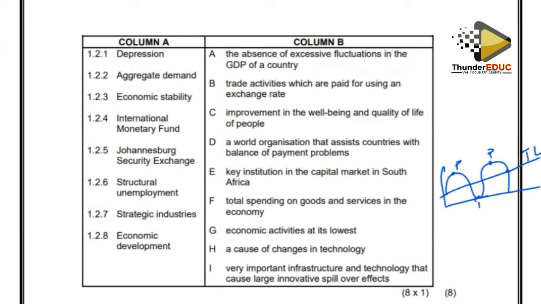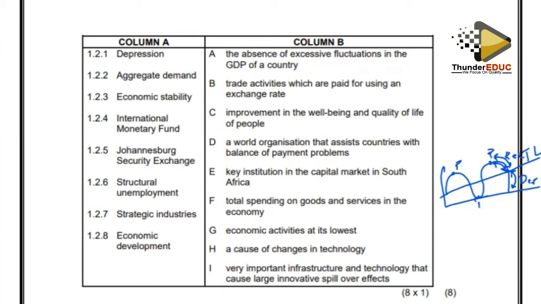Then we have the downswing above the trend line, and the downswing below the trend line. Here we have depression, and here we have recession.